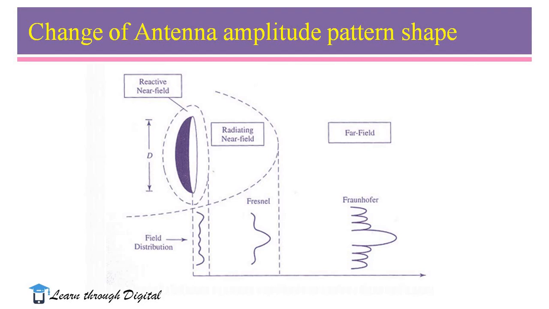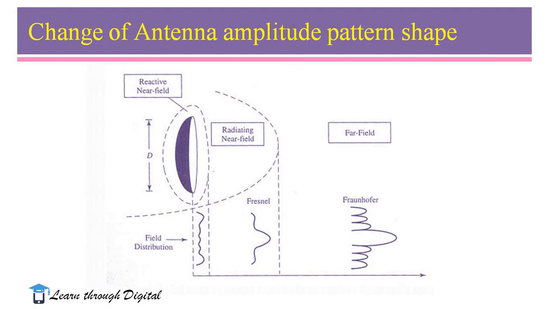Then if we slightly move to the radiating near field region or Fresnel region, we observe that the pattern begins to smooth and form loops. And then in the far field region or Fraunhofer region, the pattern is well formed. It consists of a few minor loops and one or more major loops.